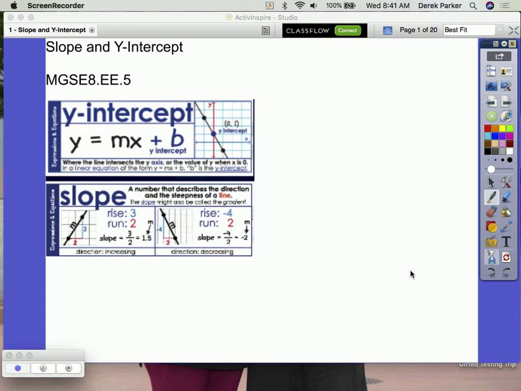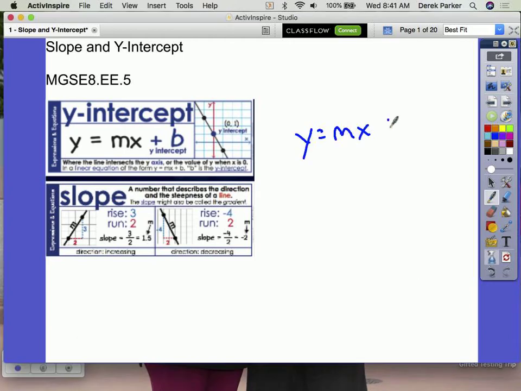Now, for y-intercept, we use the equation y equals mx plus b, where y and x represent a coordinate on a linear equation graph. M is the slope. Slope is the number that describes the direction and the steepness of a line, also known as rise over run.